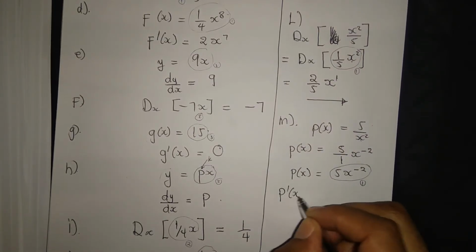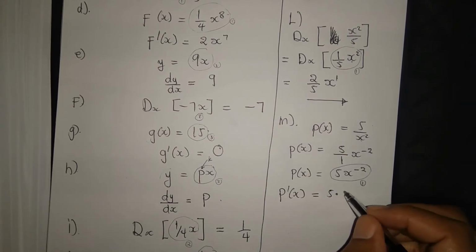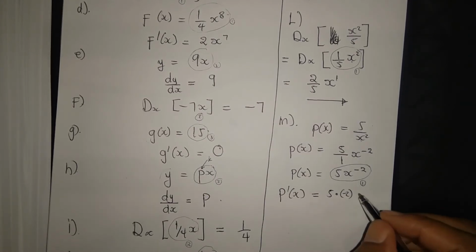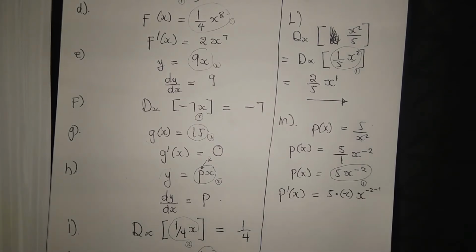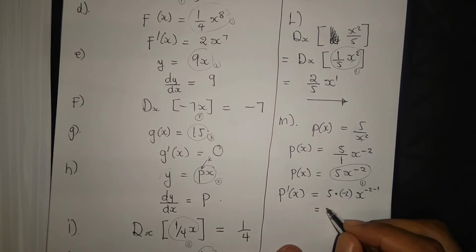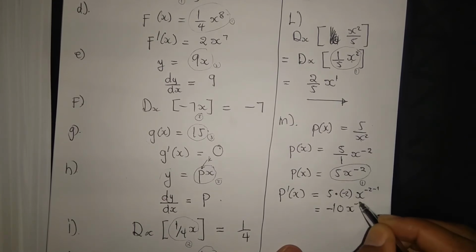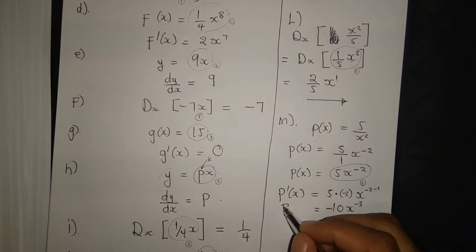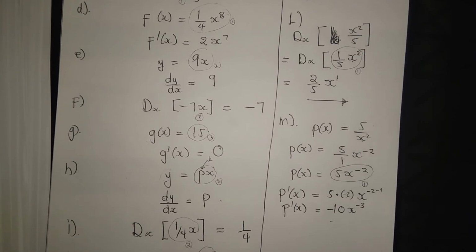P prime x is equal to 5 times negative 2x exponent minus 2 subtract 1. This is rule number 1. So this is equal to 5 times negative 2 is negative 10x exponent negative 3. P prime x is equal to this. Ne? Is equal to this. Is equal to this.